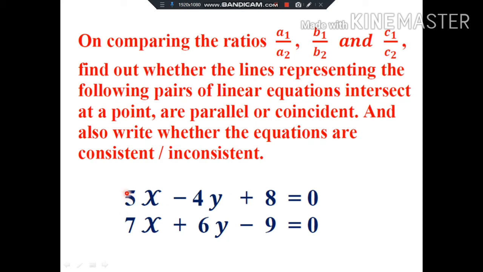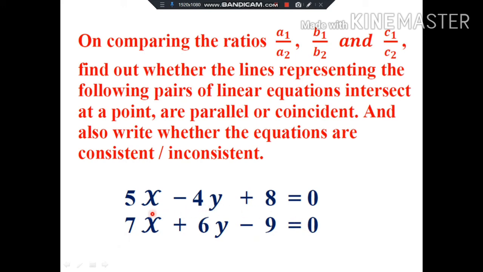Let us take an example. 5x minus 4y plus 8 is equal to 0, and 7x plus 6y minus 9 is equal to 0.